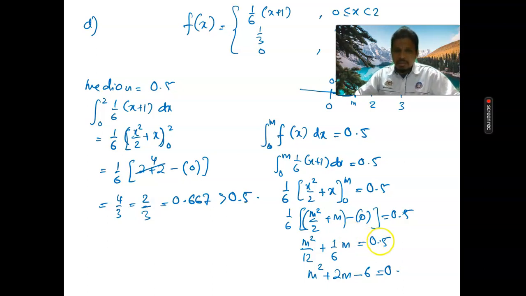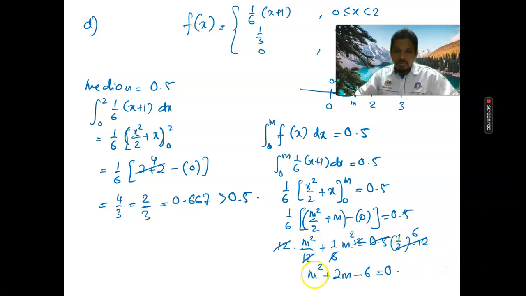Just imagine that 0.5 is 1 over 2. So if I multiply here with 12, multiply this with 12, and multiply this also with 12. So 12 divided by 12 equal to 1. 12 divided by 6 equal to 2. And 12 times half equal to 6.